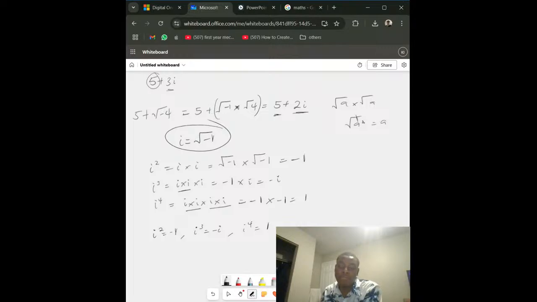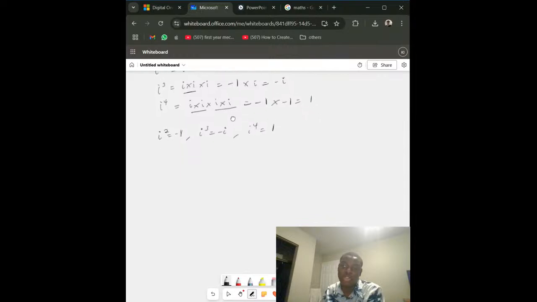And complex numbers is one of those topics that build on other topics, right? It builds on trigonometry, you should know it. It builds on exponentials, you should know it. It builds on indexes or indices. And we'll see an example of that in some questions I would bring up now.